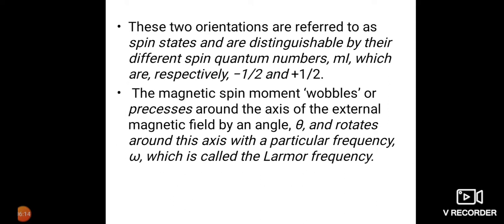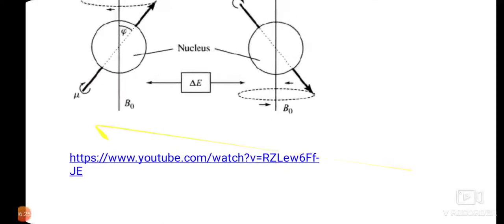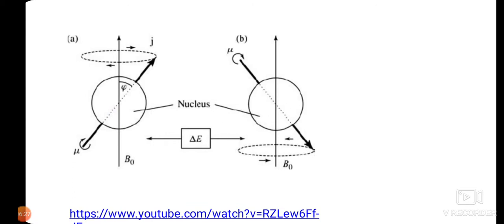This frequency omega, with which the tiny magnet spins in the presence of the external magnetic field, we call the Larmor frequency. You can see here that B naught is the external magnetic field, the circle is the tiny magnet, that is the nucleus, and mu is the magnetic moment, which has its own direction with respect to the applied external magnetic field.